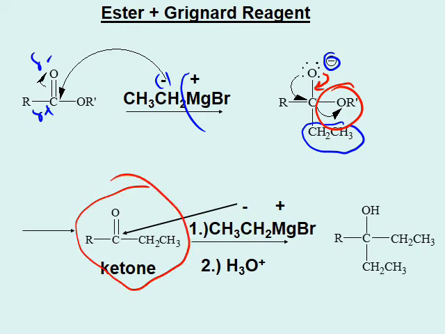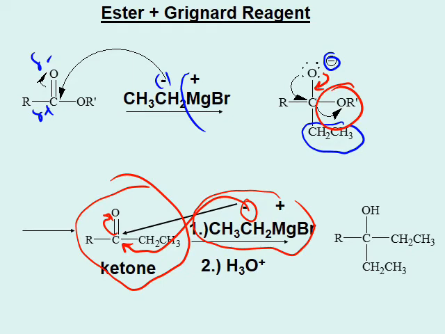Then another mole of ethyl magnesium bromide, which is Grignard reagent, is going to react with ketone just like before. This carbon with pair of electrons will be attracted to this carbon, and then it'll get rid of that weak pi bond and dump it onto oxygen, so oxygen gets minus.